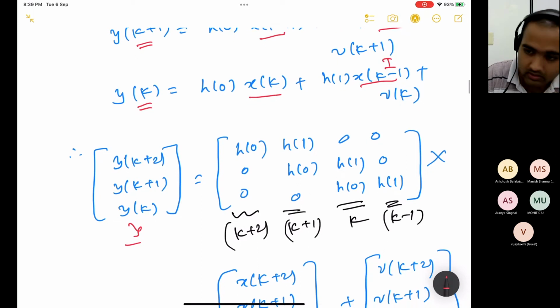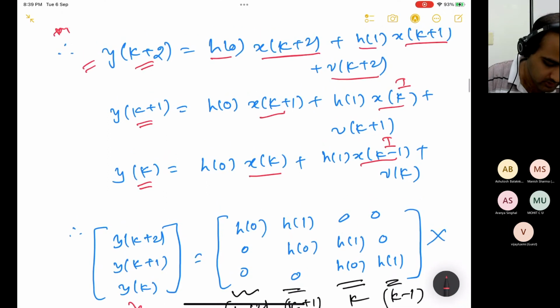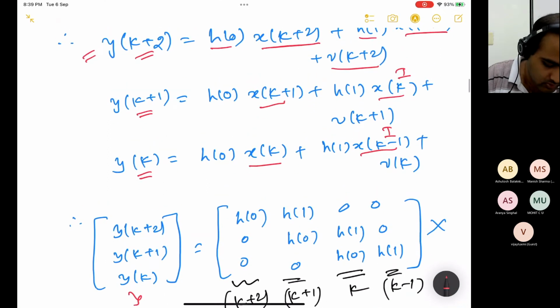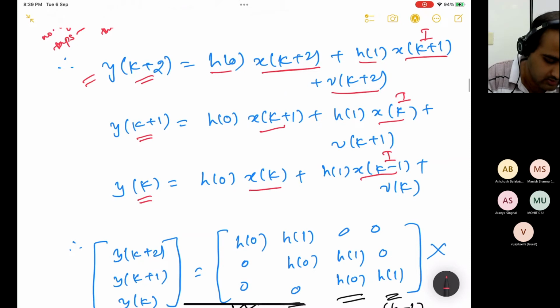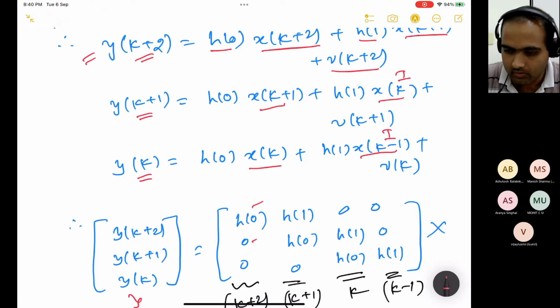So we have the y vector and the H matrix. If we take each time as a column, at k plus 2 we have h0, because h0 is with xk plus 2. There is no other term having xk plus 2, so only h0 will be there, and yk plus 1 has no term with the k plus 2 time index. Similarly, yk also has no k plus 2 time index, so they both get zeros.